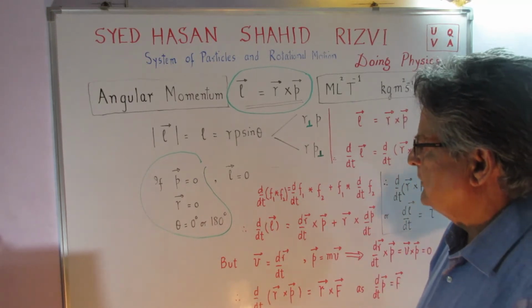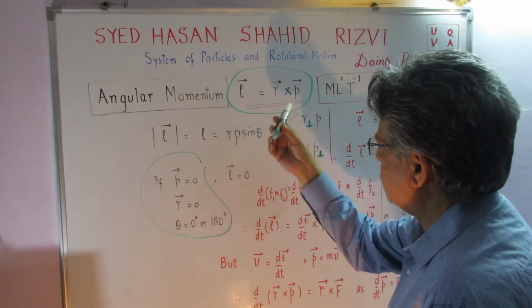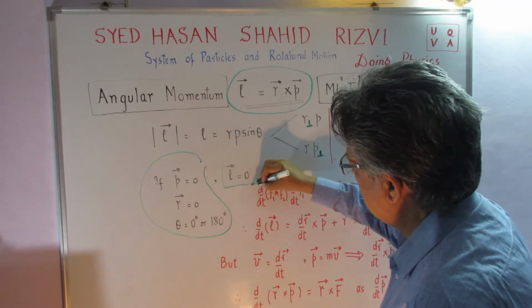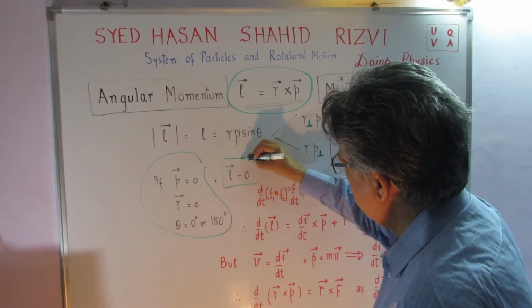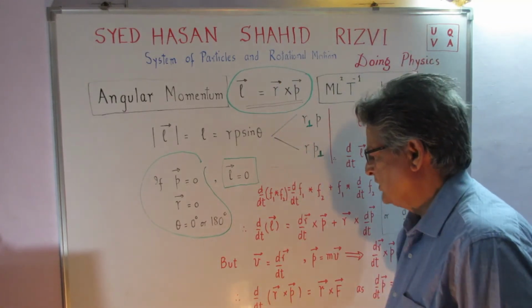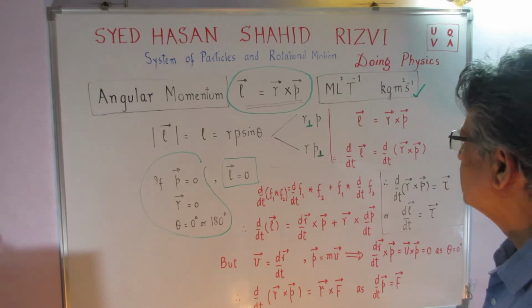Then the magnitude here becomes equal to 0, so the angular momentum under the conditions that we have just discussed is equal to 0.